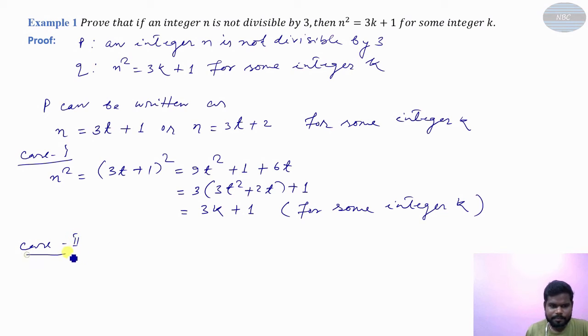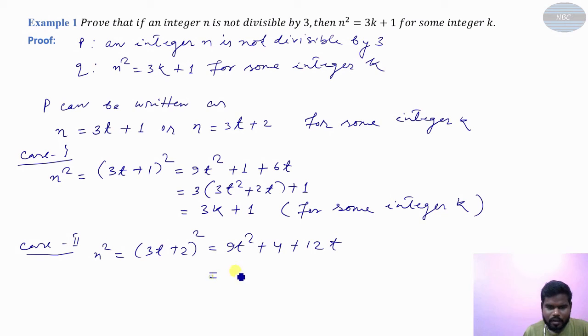Second case: n square is equal to, putting the value of n as 3t plus 2, 3t plus 2 whole square. This is equal to 9t square plus 2 square, which is 4, plus 2ab, which is nothing but 12t.